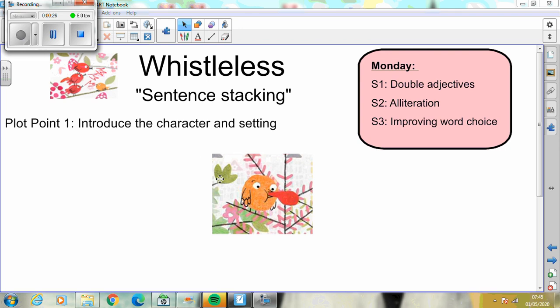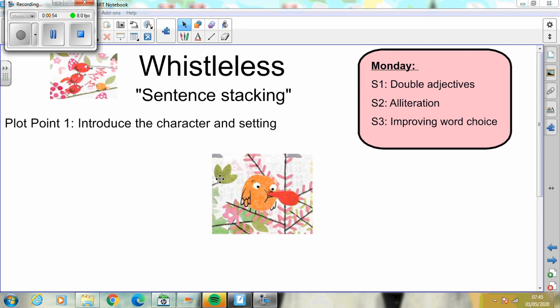And at this point, it would be really helpful if you complete the story mountain activity and have that with you as you're watching this little guide, and then keep the story mountain with you when you start drafting and coming up with your own ideas for your own story.